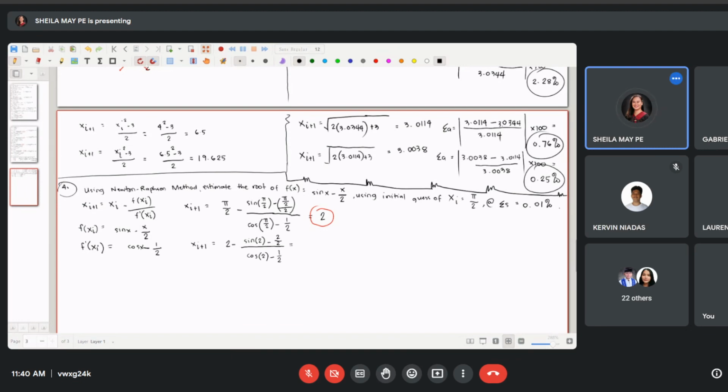How much is it? 2 minus sine of 2 minus 1, over cosine of 2 minus 1 over 2.